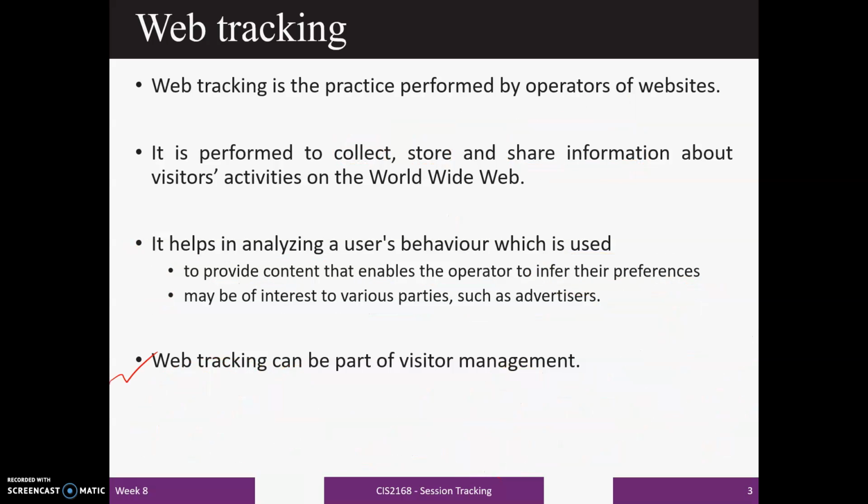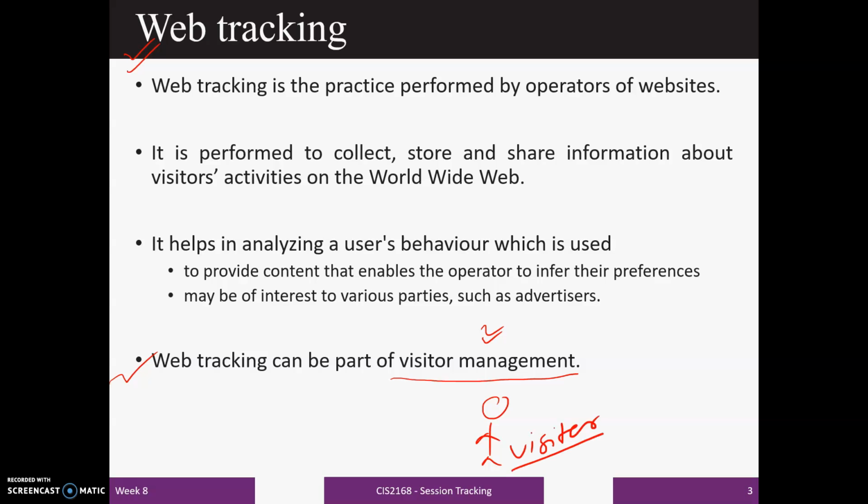Now the last point is that web tracking can be a part of visitor management. Using web tracking, the operator can manage the visitor. Here visitor management is not providing coffee or tea. Here visitor management is fulfilling the need of this visitor.